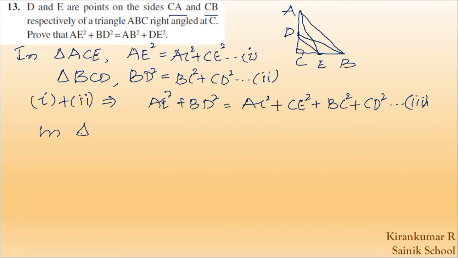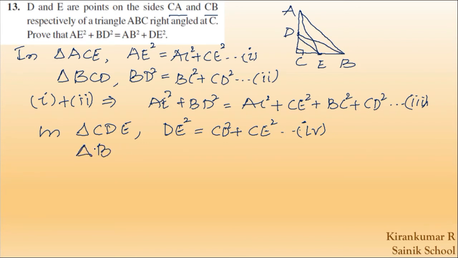Same way, I'll consider the triangle CDE. In this triangle CDE, the hypotenuse is DE, so DE square is CD square plus CE square. Let me name this as equation 4. In triangle ABC, the hypotenuse is AB, so AB square will be equal to AC square plus CB square. Let me name this as equation number 5.